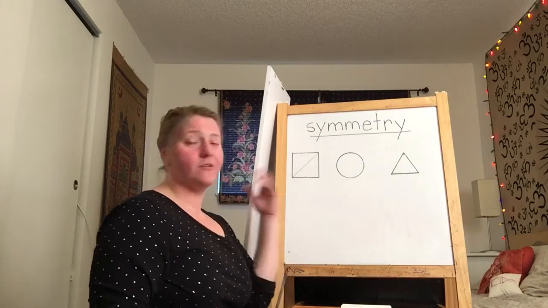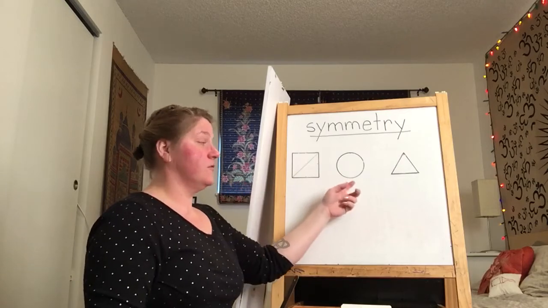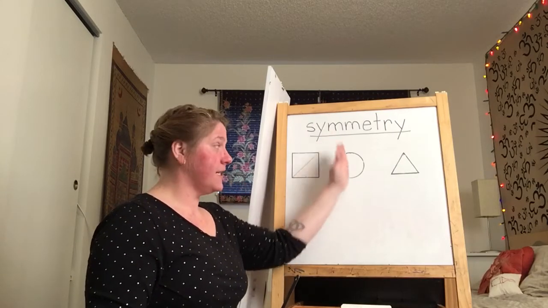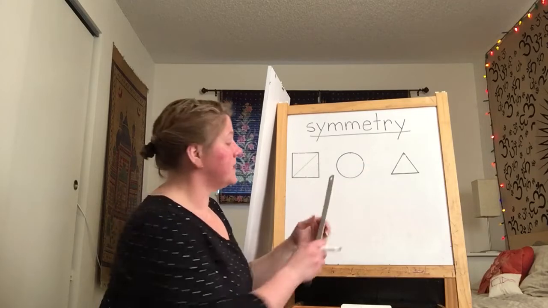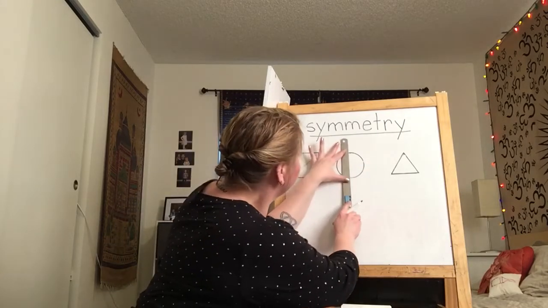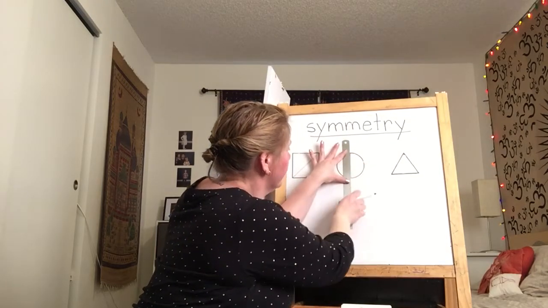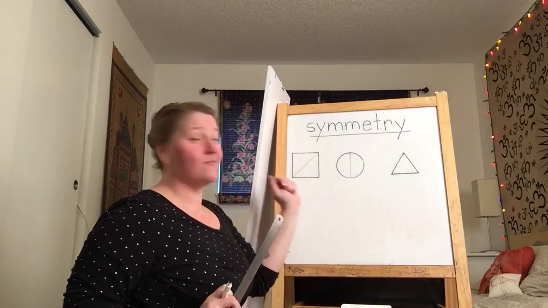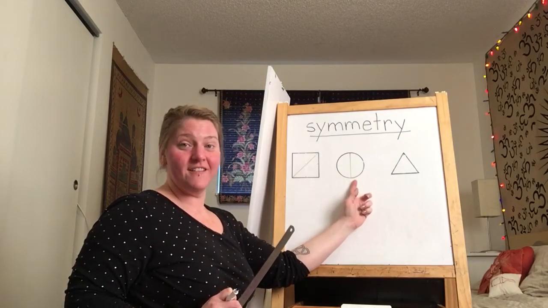Now let's take a look at our circle. We already did an ellipse. So do you think the circle is symmetrical? If I divide it in half, this half will be a mirror image of this half? Let's see. Is this half a mirror image of this half?